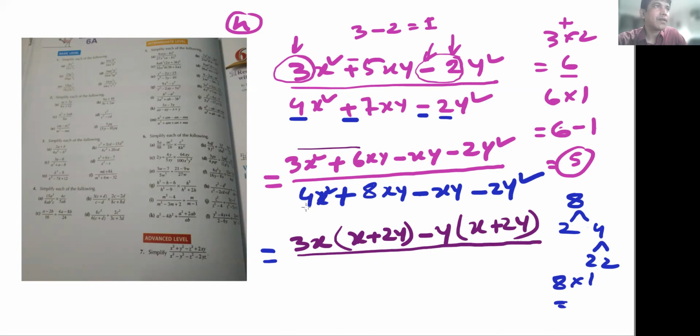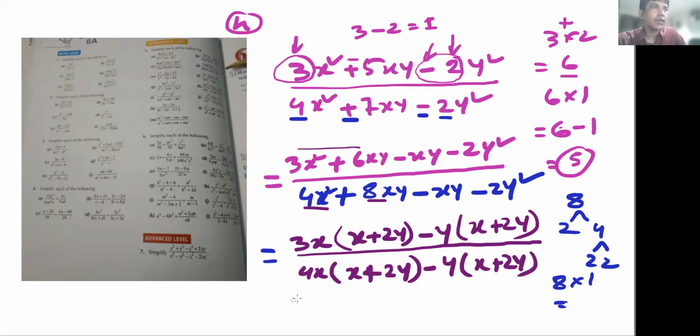Then let's take common 4x from the second: 4x times (x plus 2y), minus y, taking y as common, (x plus 2y).